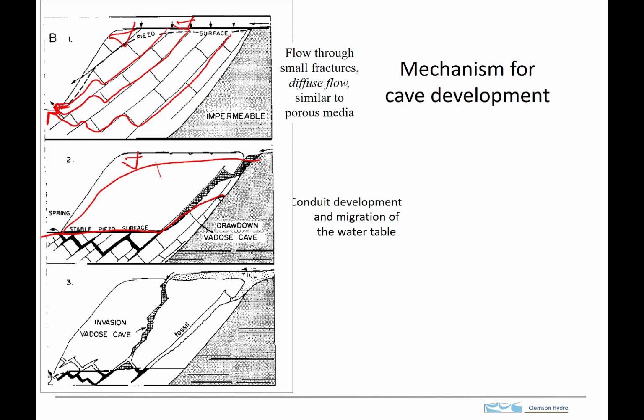So we'll have this interaction between the development of the karst dissolution and where that piezometric surface is. And so all of the dissolution that has taken place when this was saturated becomes abandoned, and that becomes dry caves potentially that you could get into.